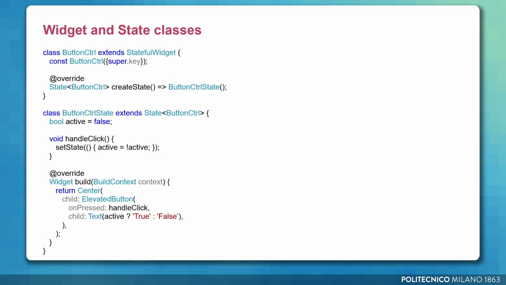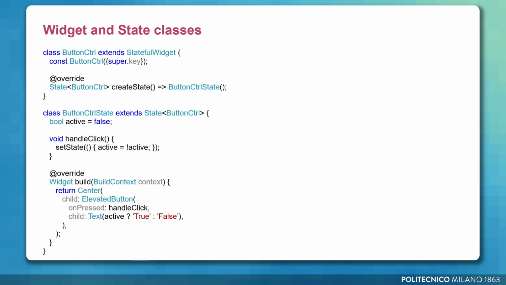It also defines the build method, which returns the widget tree. In this example, the build method returns a center widget with an elevated button as its child. The button uses two key parameters, onPressed, which is set to the handleClick method to respond to taps, and child, which defines the button's label.